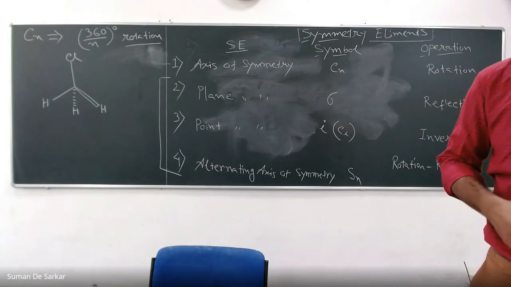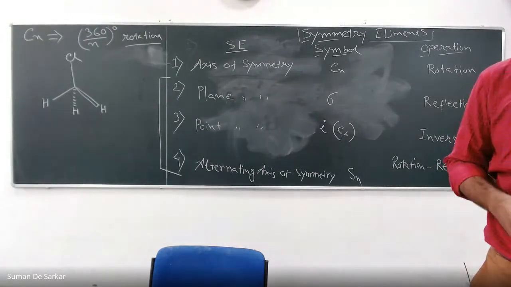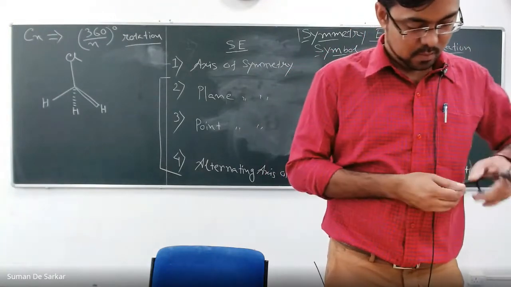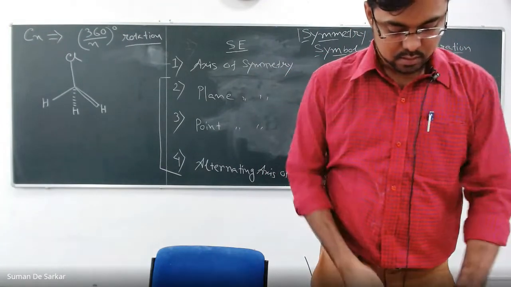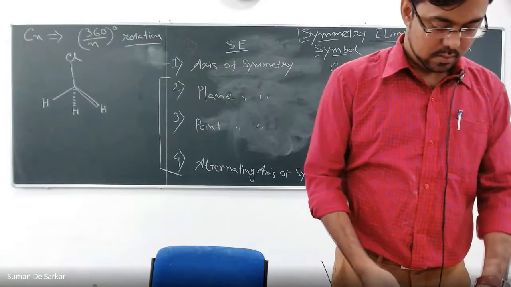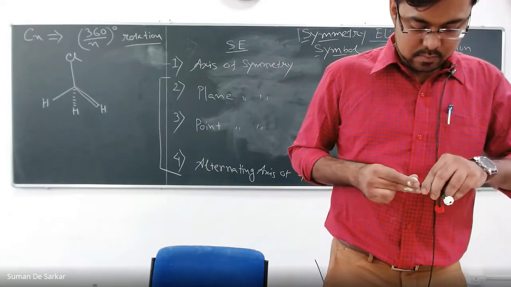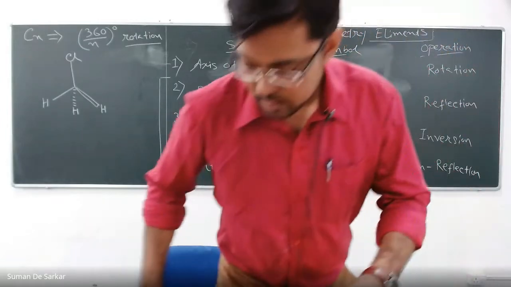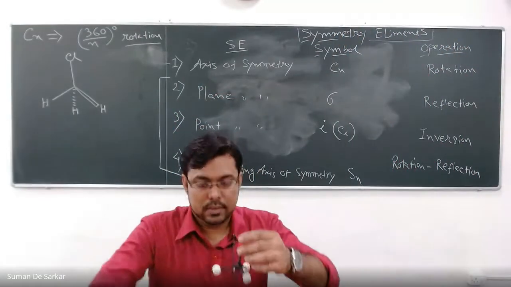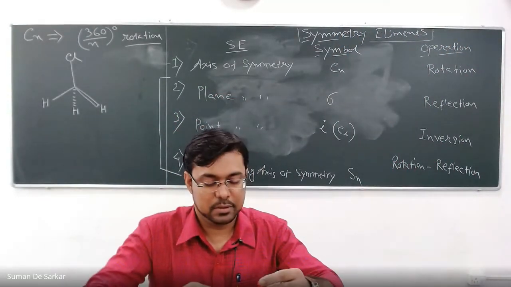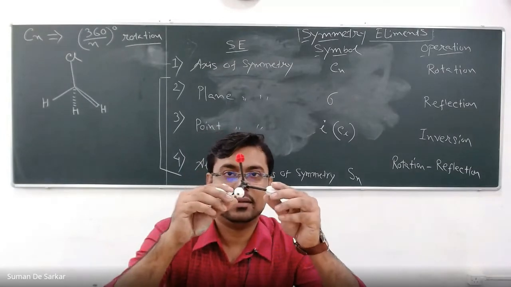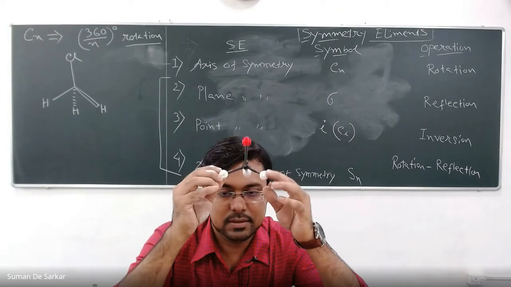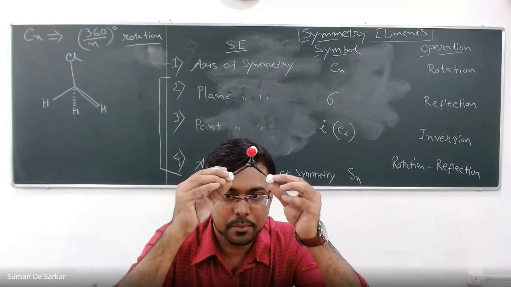Let me take this model. I don't have the green today. Normally you take chlorine as green, but it doesn't matter. Let us consider this red as chlorine today. This is the methyl chloride we have here.